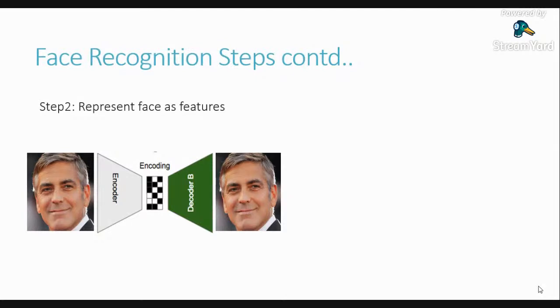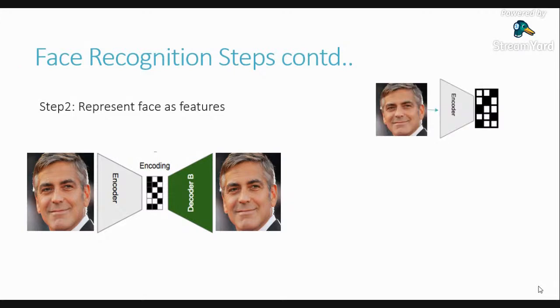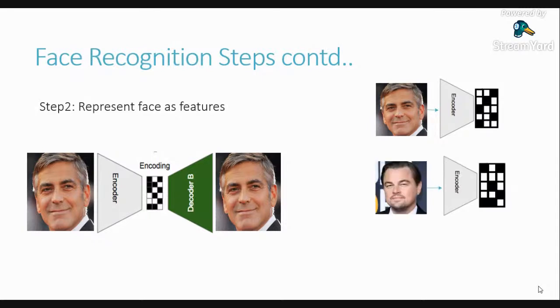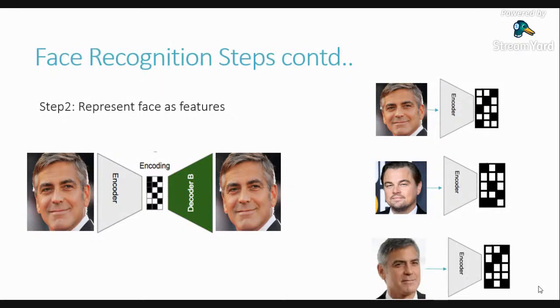Okay, so to compute these features, we will throw away the decoder, and we will be using only the encoder to compute the encodings for all the different faces. For different faces, the encoder should generate different encodings. If it's a similar looking face from a different angle, the encoding has to be somewhat similar for the same face.